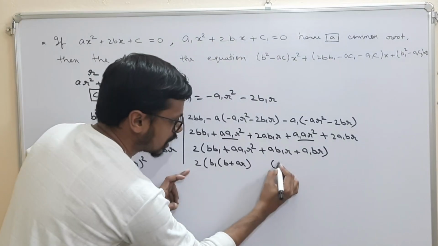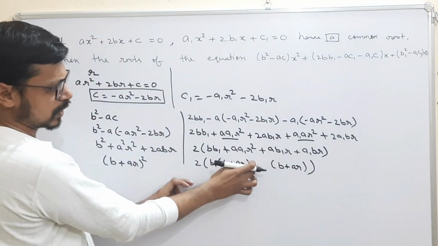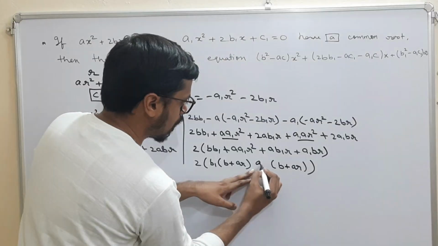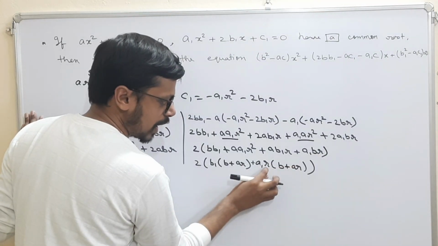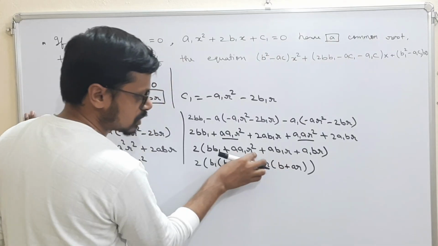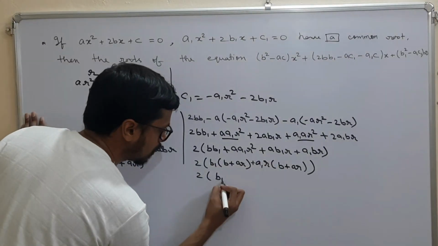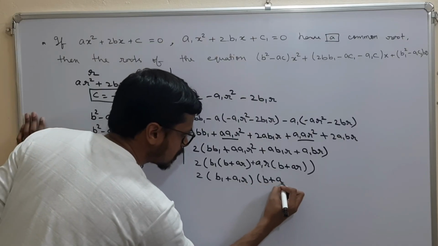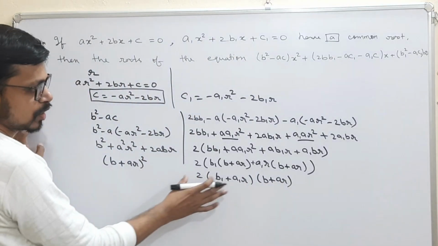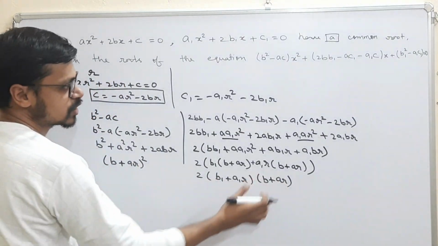Same thing, b plus ar we will write here, and then we will think what we can take common in this. So a1r, if you take common, a1r into b is this one, and a1r into ar is this one, correct? So this can be written as b1 plus a1r, and here it can be written as b plus ar, right? So now we can see it is in the form of 2ab. This one is a square, this one is 2ab.